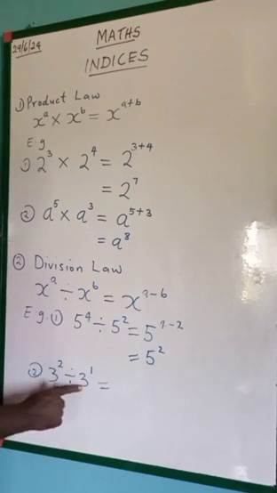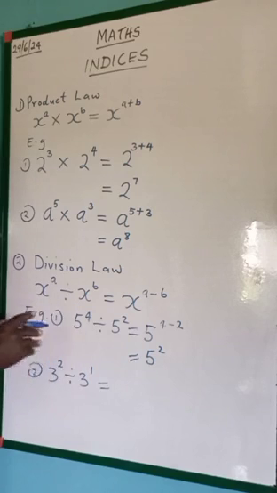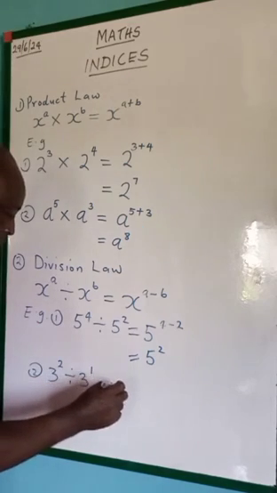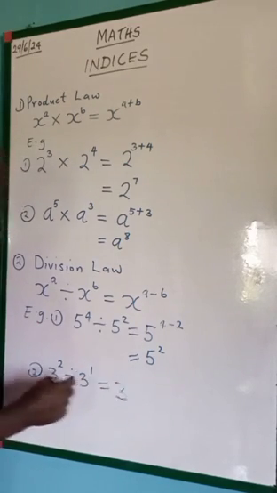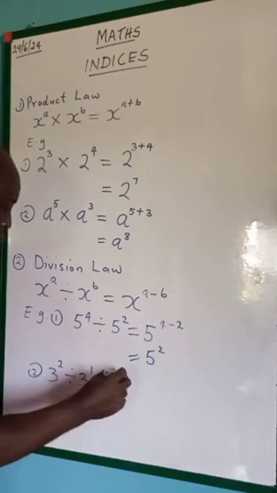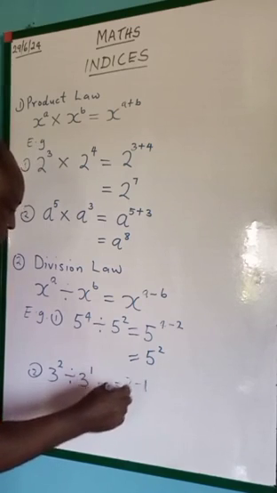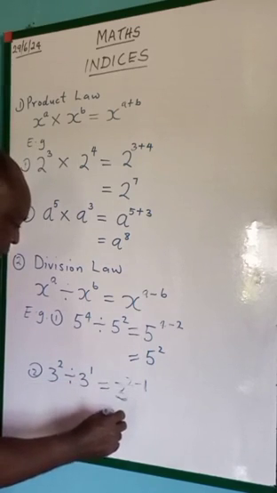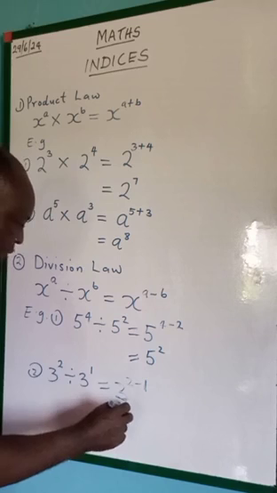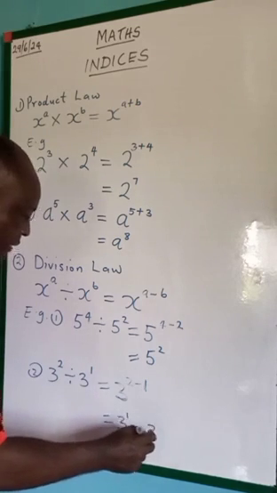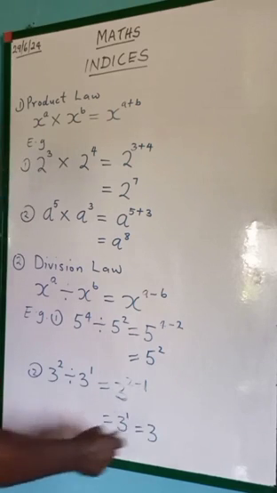They must be the same before these operations will be carried out this way, following the laws. Just pick one, which is 3 in this case. Then we have the first power, which is 2, minus the second power, 1. And that will give us 3 raised to power 2 minus 1. We can either leave it like this, or it's the same thing as 3. 3 raised to power 1 is the same thing as 3.